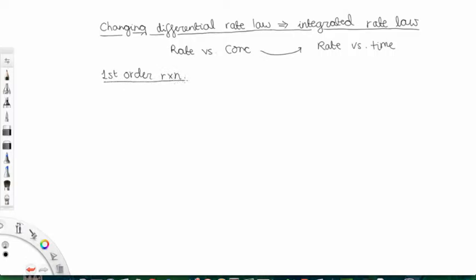And so in a first order reaction, we go from something, let's say A, to B. So this is the reactant and this is the product. And the rate can be written as -1/A, delta A over delta t, which we did before. And this can be written as k[A] to the power of n.